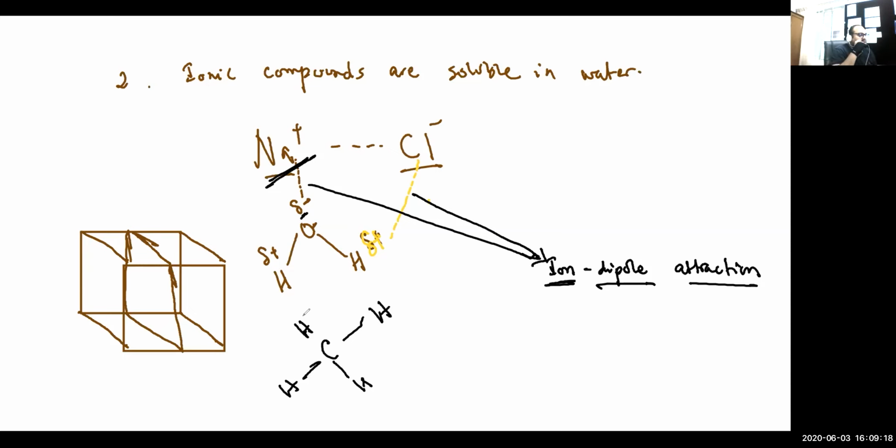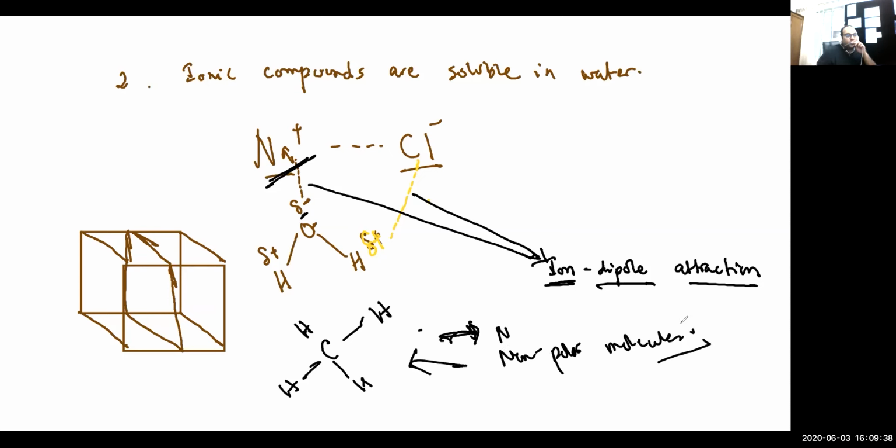Organic compounds are insoluble in water because they are non-polar molecules.